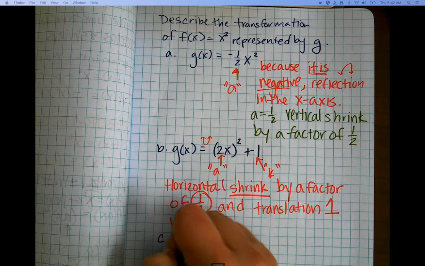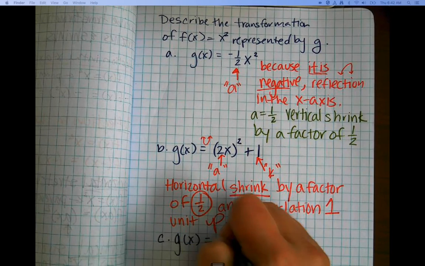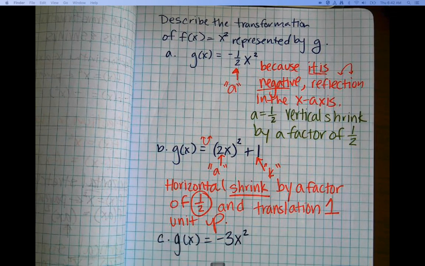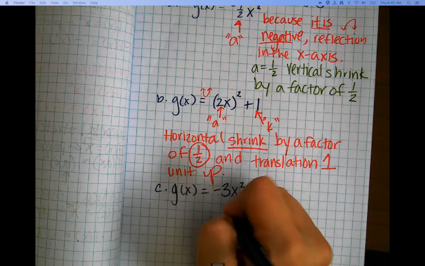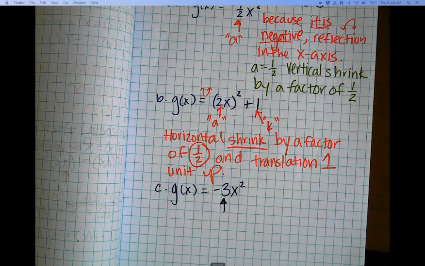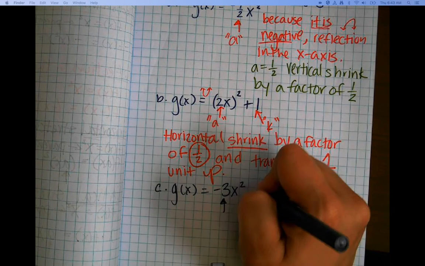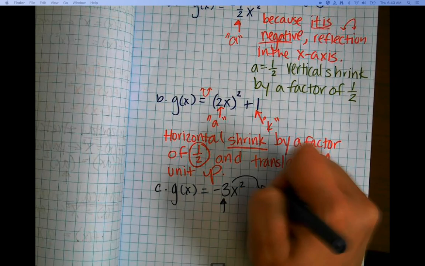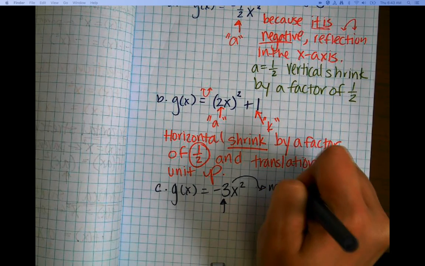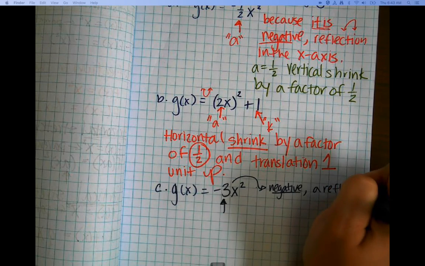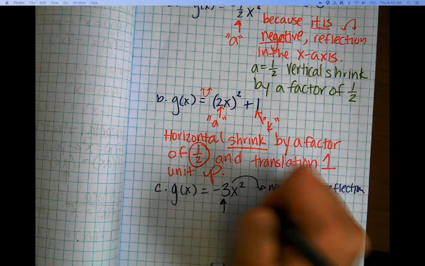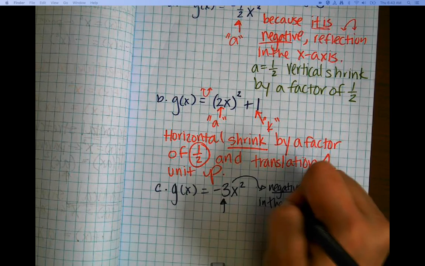If I have g of x equals a negative 3x squared, think about what this negative 3x does to it. And pause it so you can think. Okay, so first I'd say it's negative, and negative causes a reflection in the x-axis.